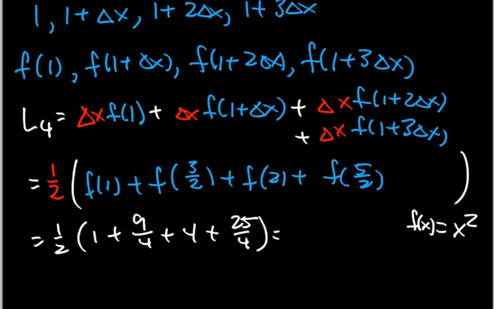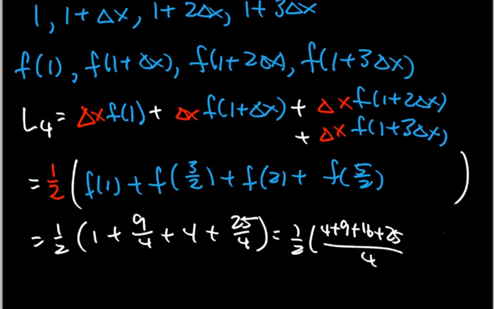Okay, and then let's see, we can get a common denominator, which is clearly 4 here. So 1/2 times the quantity, okay, that would be 4 plus 9, plus, and then 4 times 4 is 16, plus 25, all divided by 4.